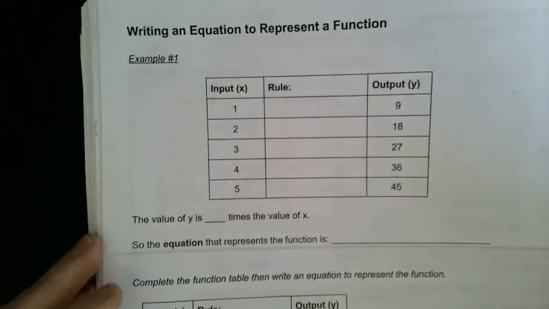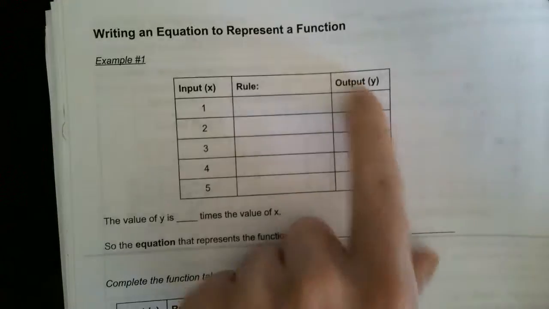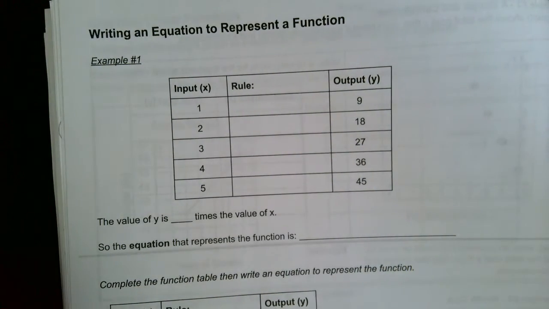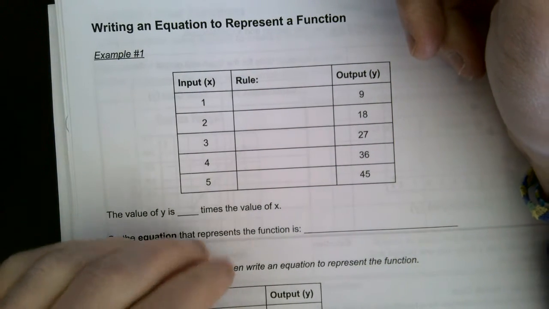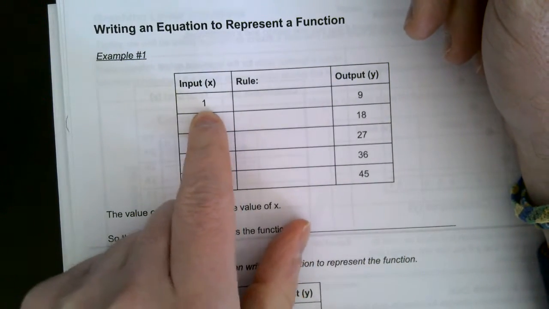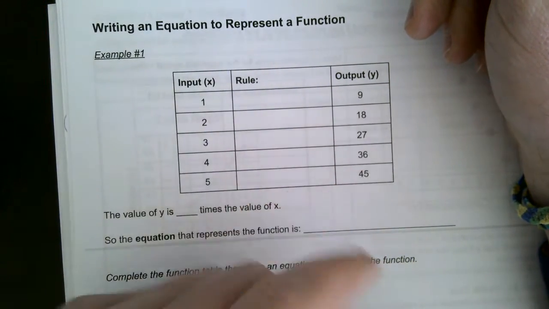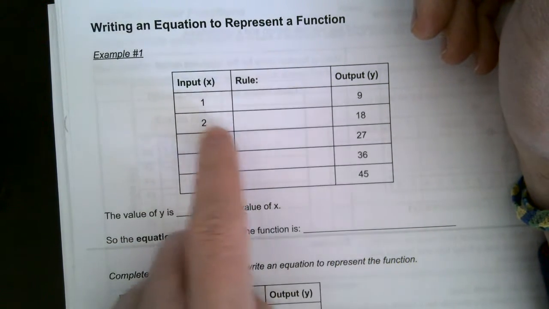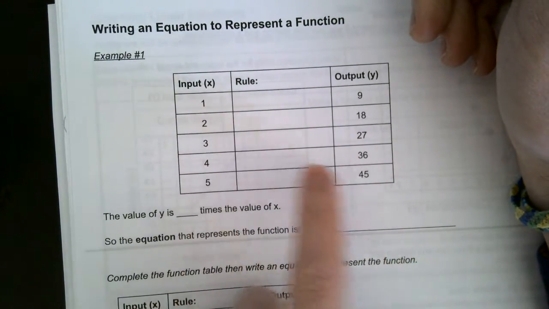If we look at the first example, number 1, on page 32, we see the input, the output, and the rule is blank. We're trying to find the rule, and the rule is going to help us write the equation. So first we have to find the rule. How do we get from 1 to 9? Well, we could add 8. 1 plus 8 is 9. Let's see if that works. 2 plus 8 is not 18. Well, we can also multiply by 9. 1 times 9 is 9. 2 times 9 is 18. 3 times 9 is 27. 4 times 9 is 36.